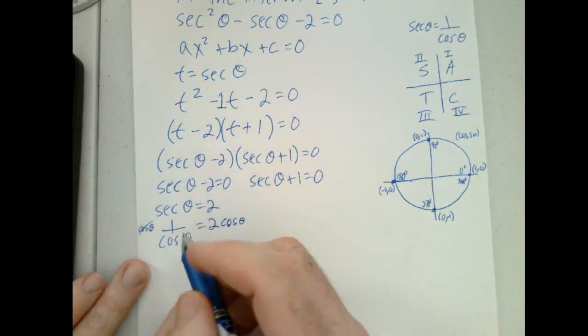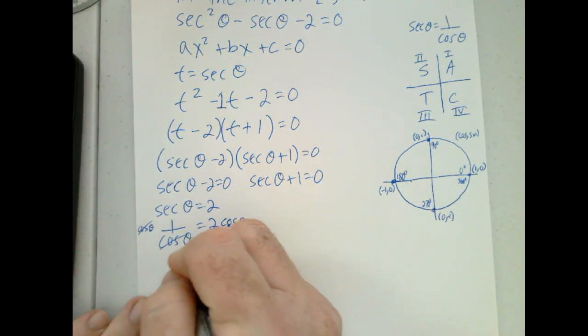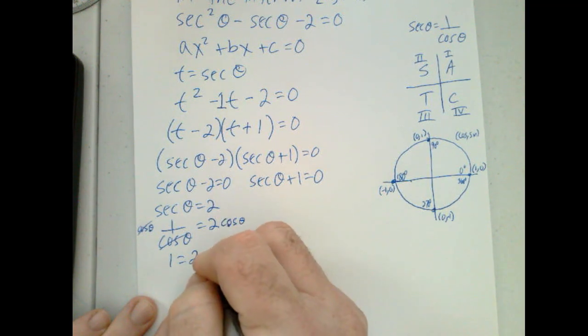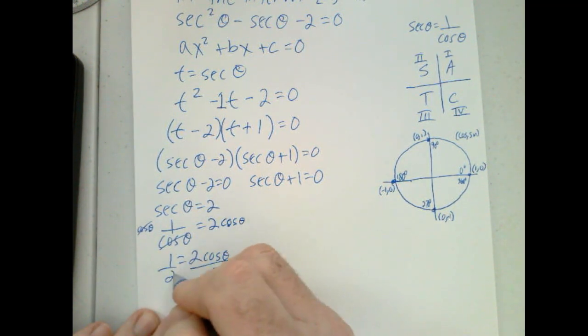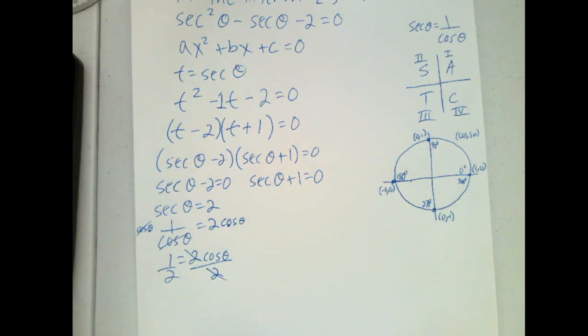So the cosines on the left cancel out, and it leaves 1 equals 2 times the cosine of theta. Then we're going to divide both sides by 2. And then that's going to give you 1/2 equals cosine theta, or cosine theta equals 1/2.